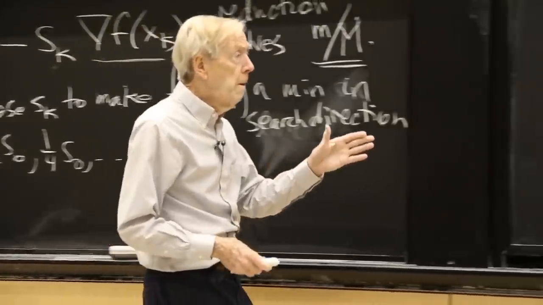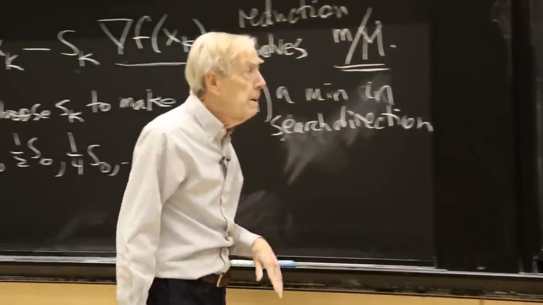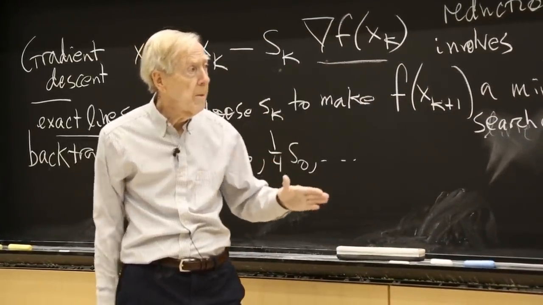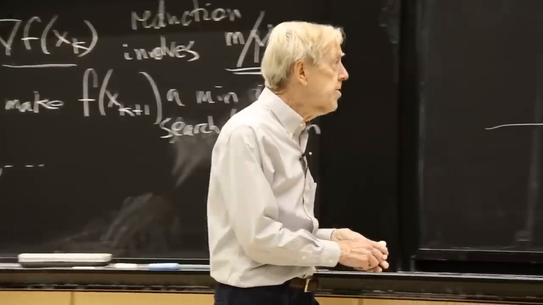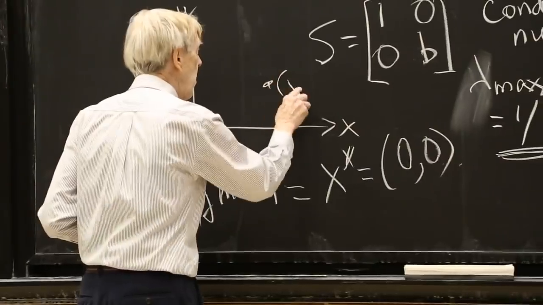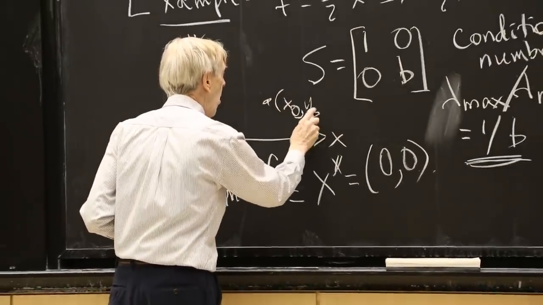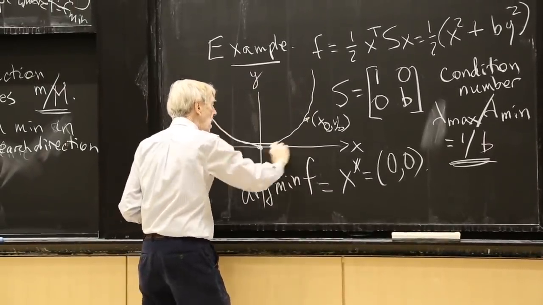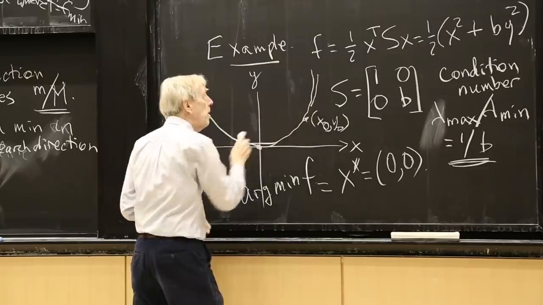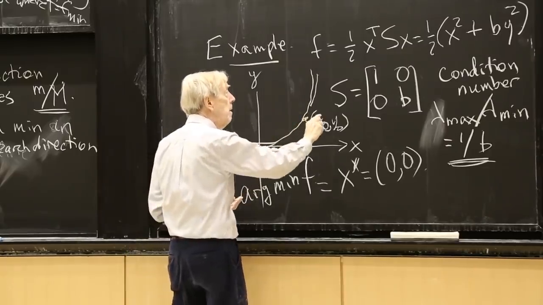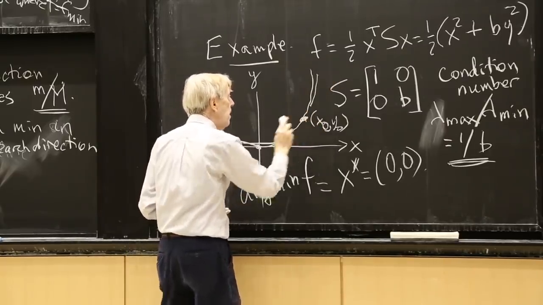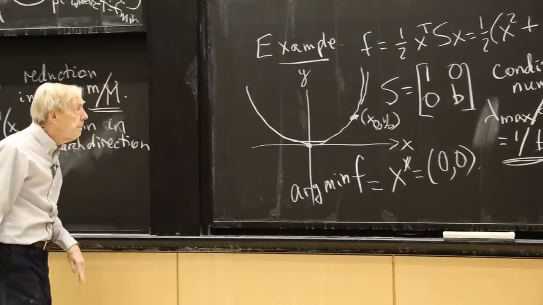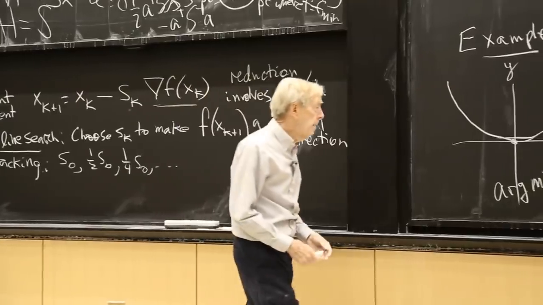We know the gradient, we know the Hessian, it's that matrix, we know the condition number. So what happens if I start at a point x0, y0, and I iterate?